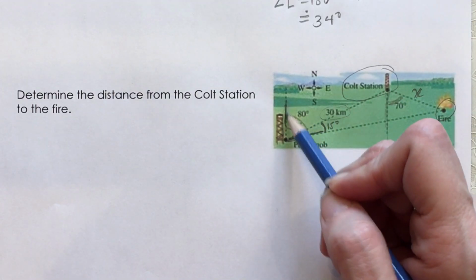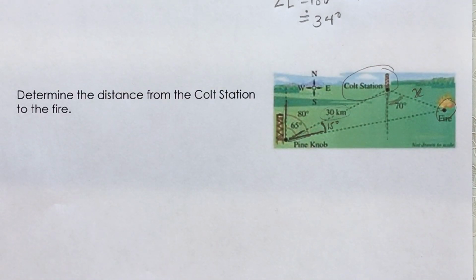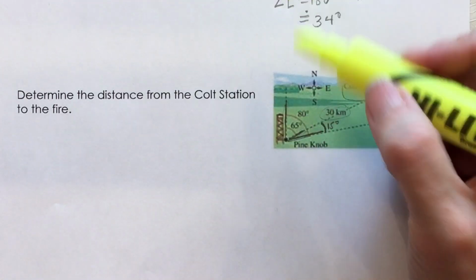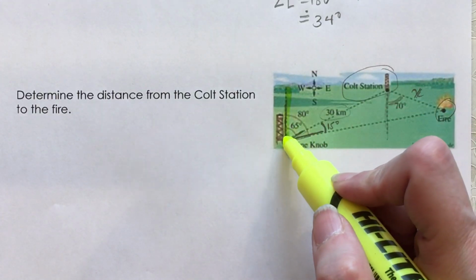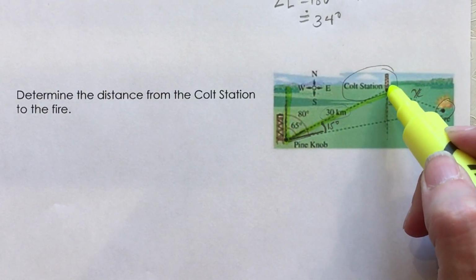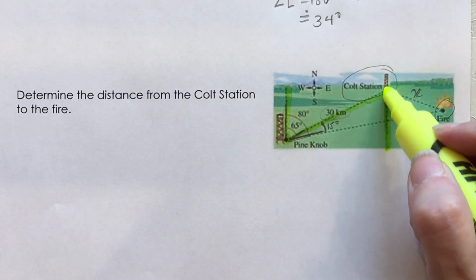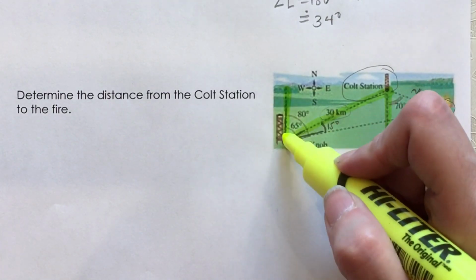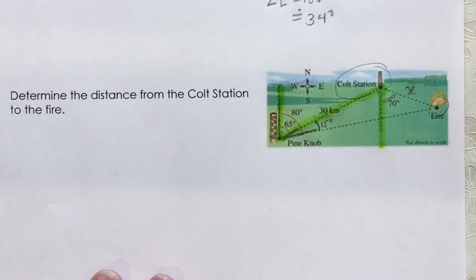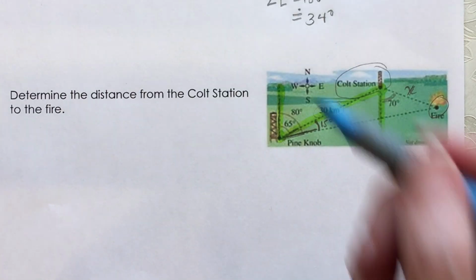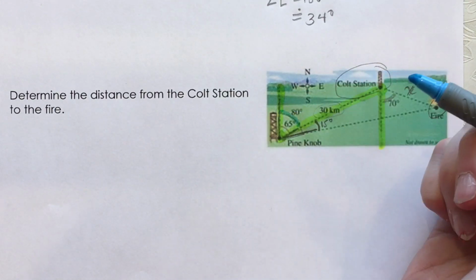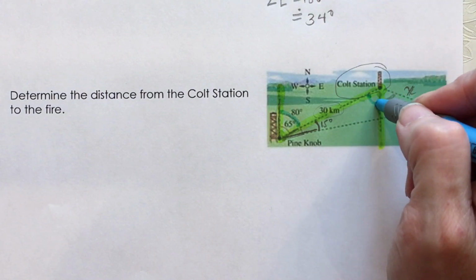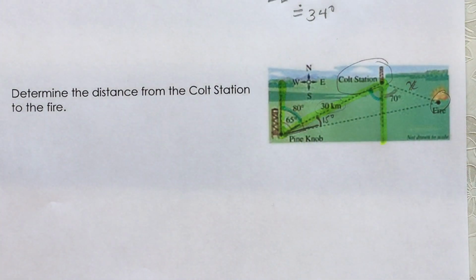And also, we're going to get, with a highlighter here, a Z pattern. So if we go straight south, and then along this line, and then straight south again, we've got a parallel line theorem Z pattern, which makes this angle here, which is 65, and this angle here, so like the underarms of the Z, equal to each other.